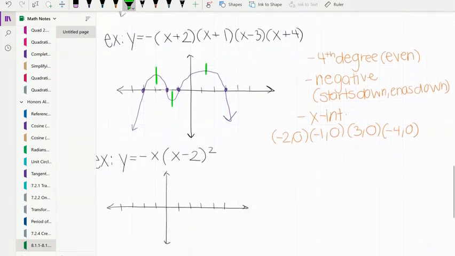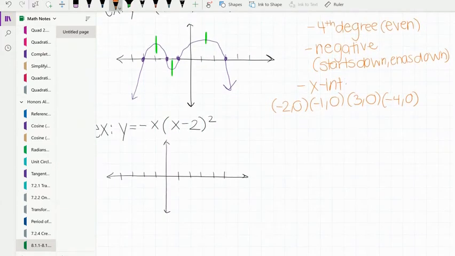All right, let's look at our last one here. So the degree of this, well, the first x would have an exponent of 1, and then the next one has 2, so this would be a third degree, which makes it odd. Okay, the other thing is it a positive or negative orientation?